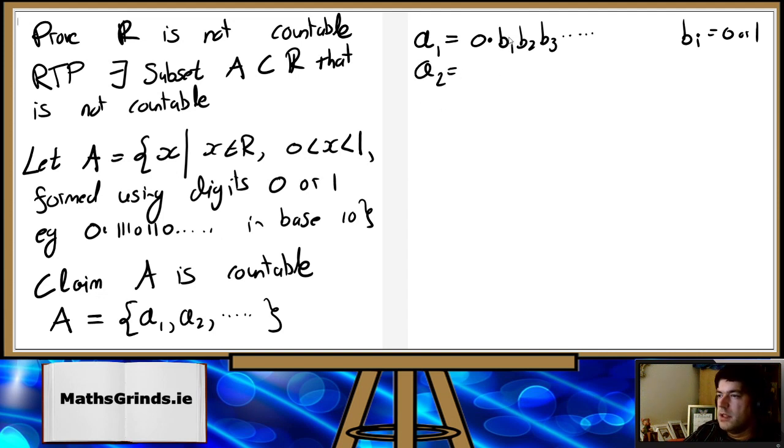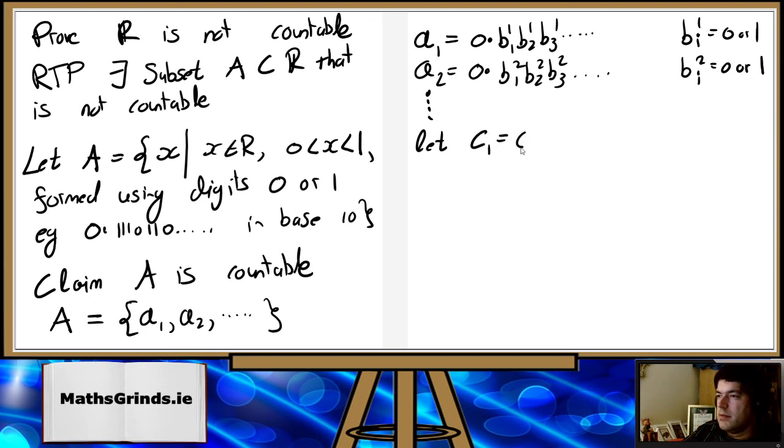A2 is 0 point B1, B2, B3, with a superscript 2, each 0 or 1, etc.